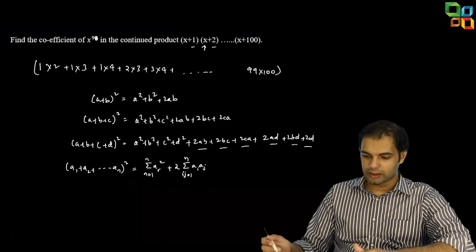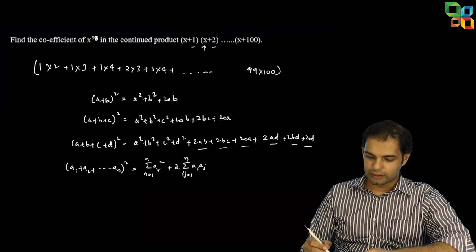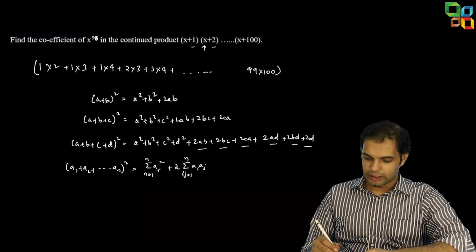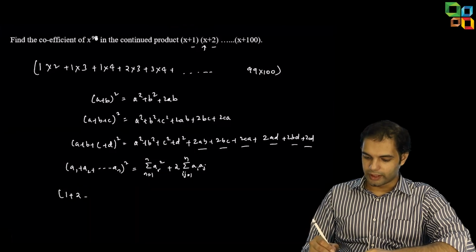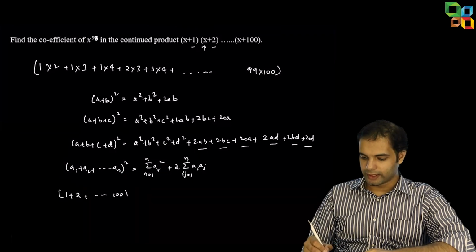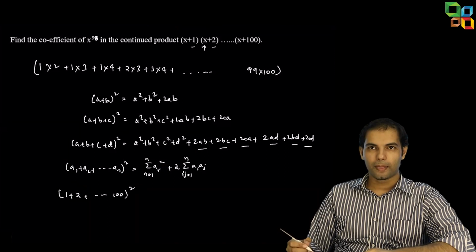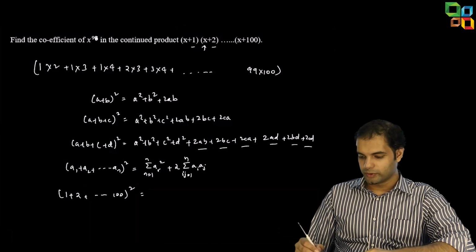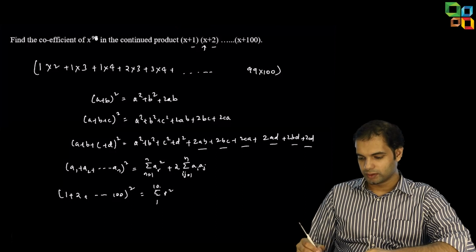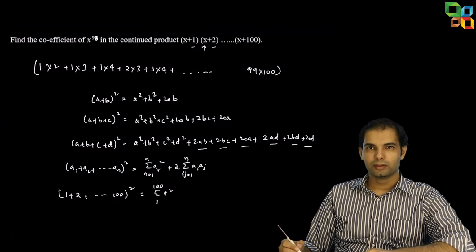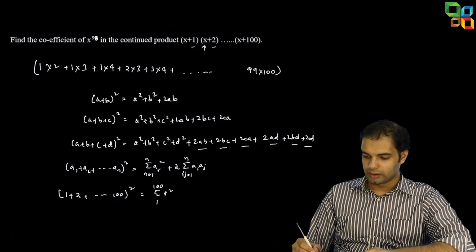Why am I explaining this? Because if you know that, then this is what we want. If I take numbers from 1 to 100, this would be summation of R squared for all the numbers from 1 to 100, plus 2 times this, which is what we want.